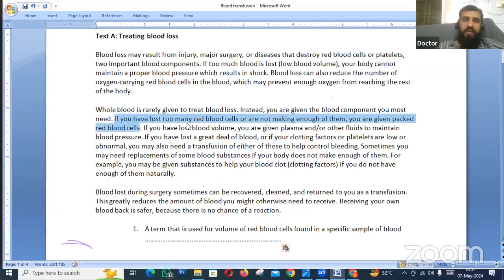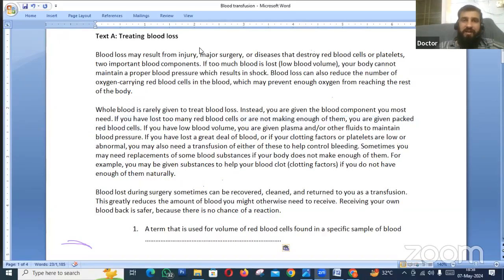Is the word volume given here in this sentence? I will give you some tips. No, volume is not given in this sentence.